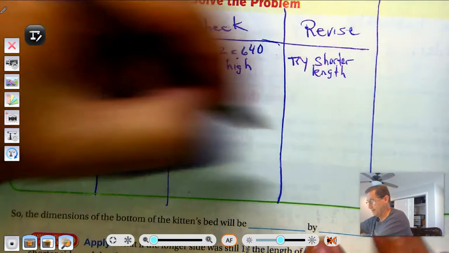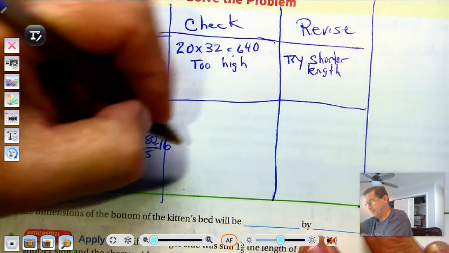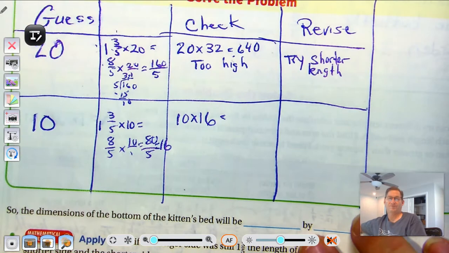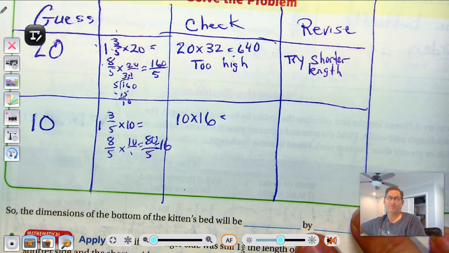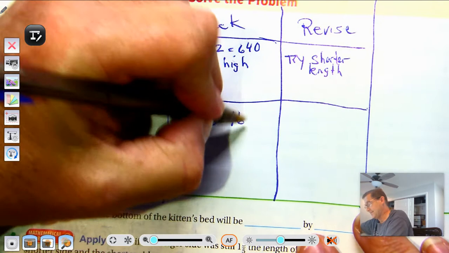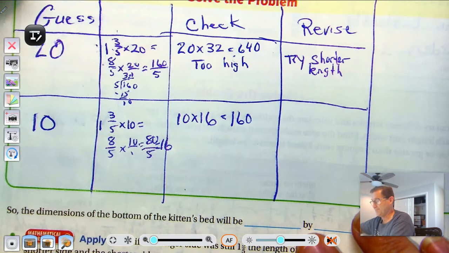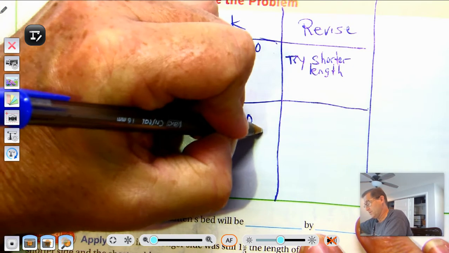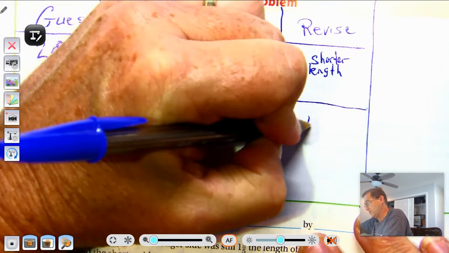So our guess this time is 10 by 16. Well, 10 times 16, that's 160 square inches. That's going to be too low. So now we have to try a longer side.